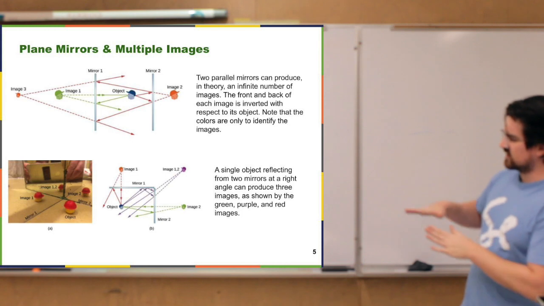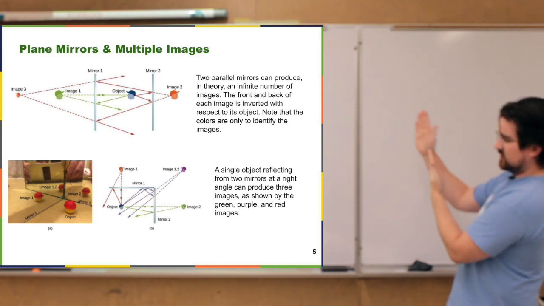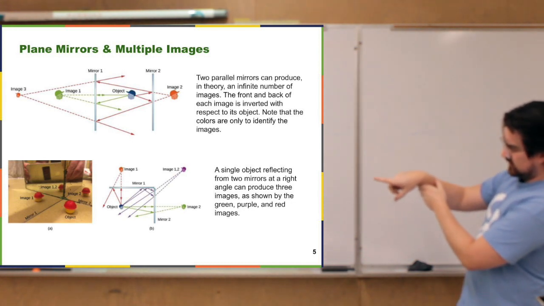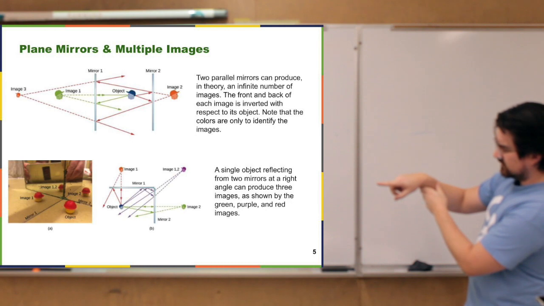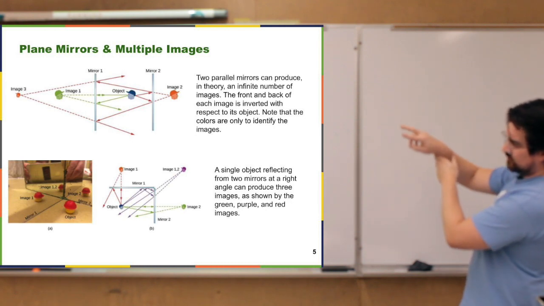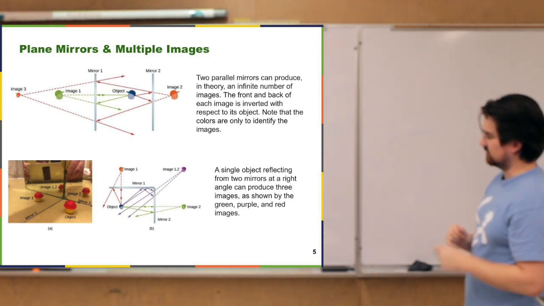And then there's this other setup where you have two perpendicular mirrors, and you can form an image in the corner, essentially behind the corner. You can see the purple-ish arrows leaving the object, getting reflected twice in the corner and coming back, and that image gets projected right back behind the corner.